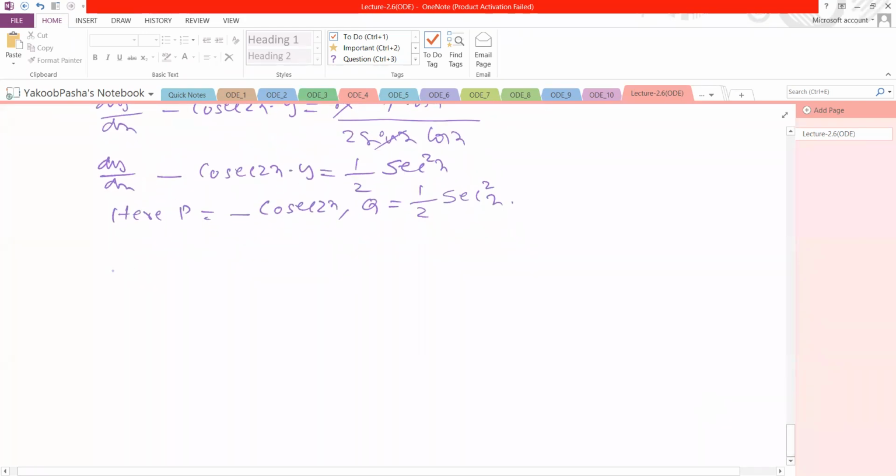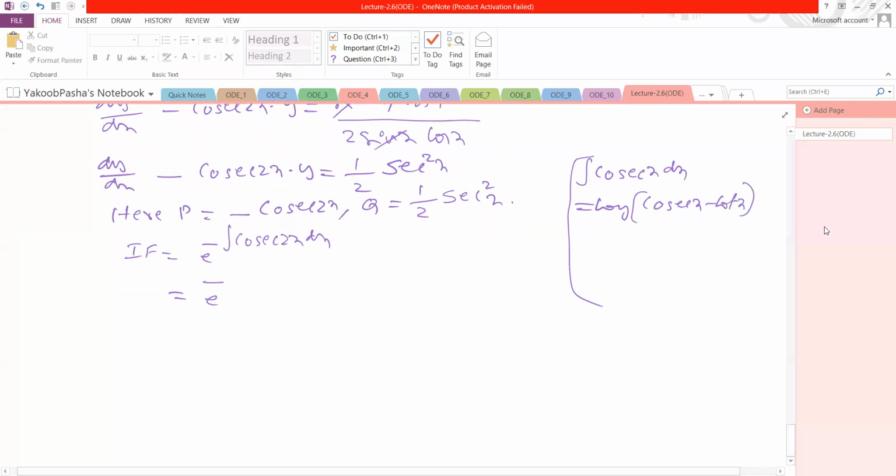So we can find the integrating factor, that is equal to e to the power of minus integration of cosec 2x dx. As we know, integration of cosec x dx is equal to log (cosec x minus cot x) plus arbitrary constant.